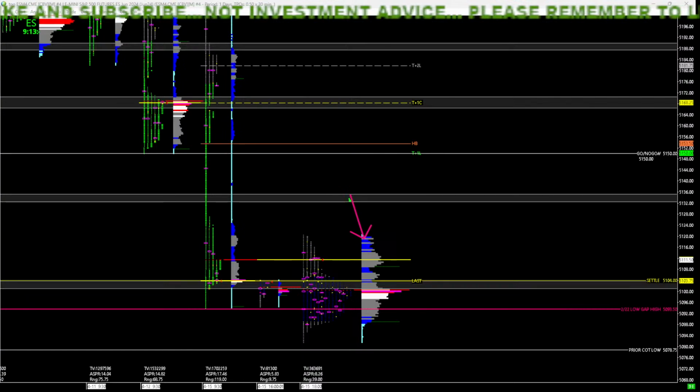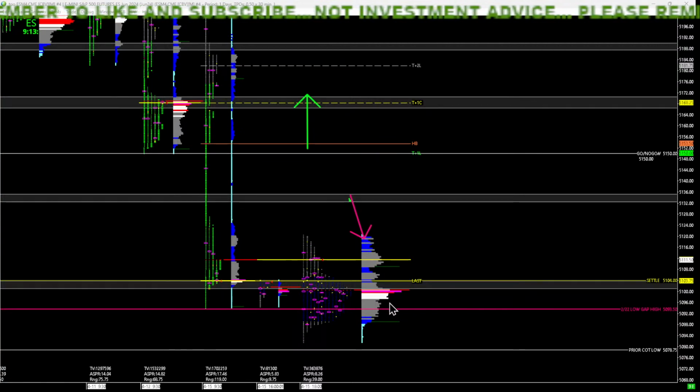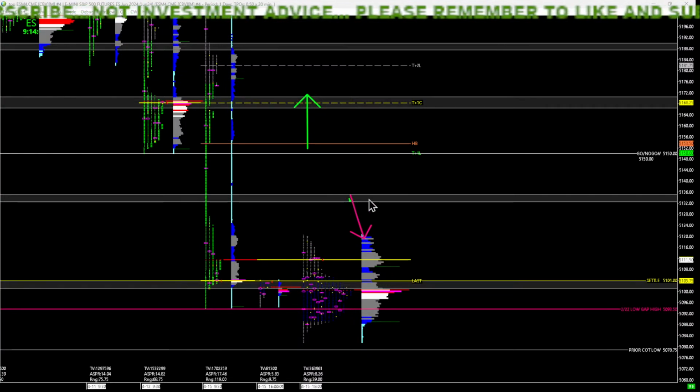Then be a buyer above that go or no go level, which is at like 50, and basically that's just kind of playing the distributions, right? If we fail to fill these single prints, I want to look to fade. I have a zone right here from like 36 or 35 to 32, so I'd like to see it fill in there. That'd be ideal to get short.